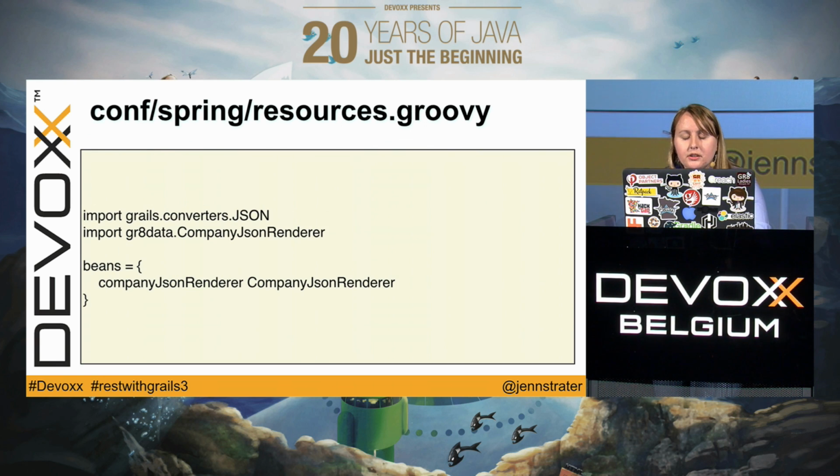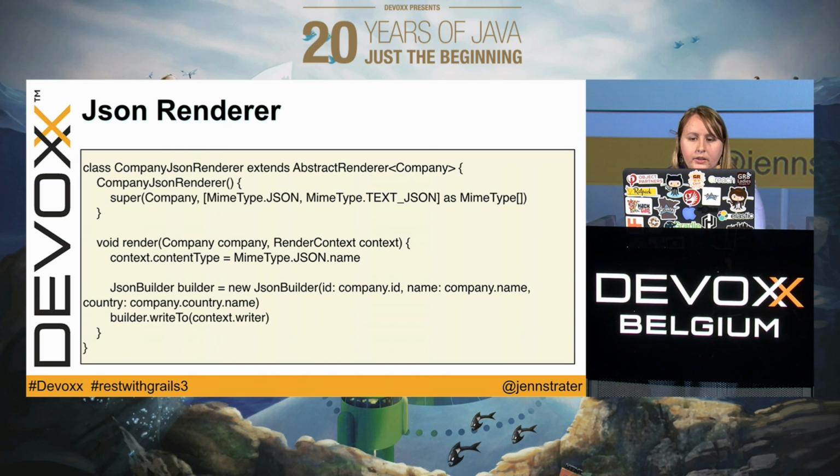So the next way to do this would be as a renderer. So I created a company JSON renderer and registered that. So this gets a little more complicated. So this is the example, and it's going to take the MIME type. So it's going to declare which, so it's only going to do JSON.